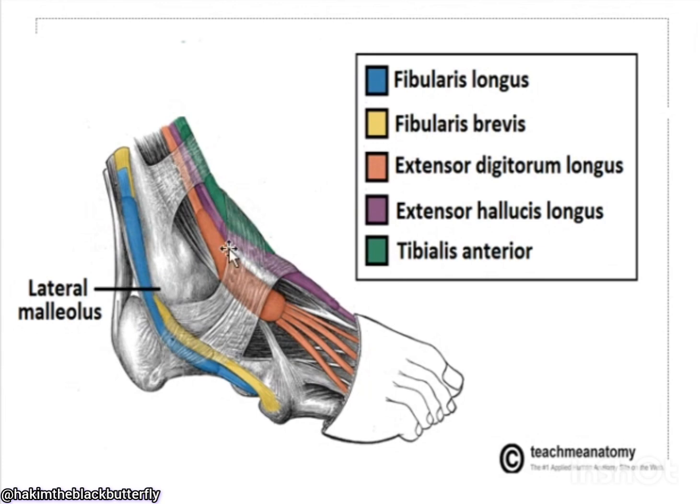So their positions as they are crossing the ankle joint are related to their compartment. If a muscle is a muscle of the anterior compartment, its tendon is going to pass anterior. If a muscle is a muscle of the lateral compartment, its tendon is going to pass lateral. If a muscle is a muscle of the posterior compartment, its tendon is going to pass posterior to the ankle joint.